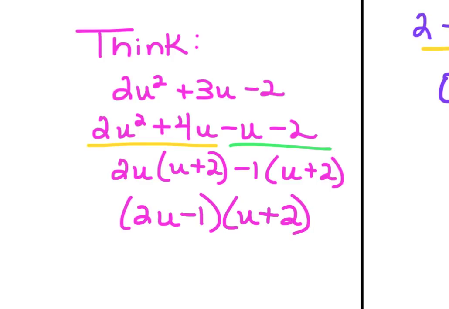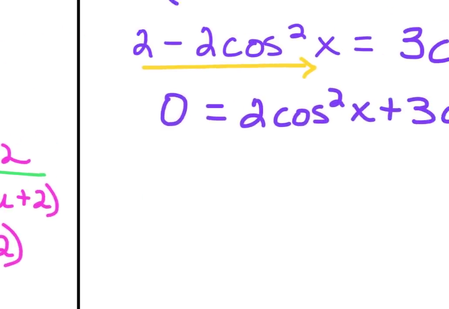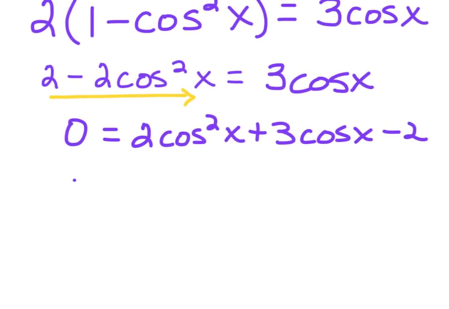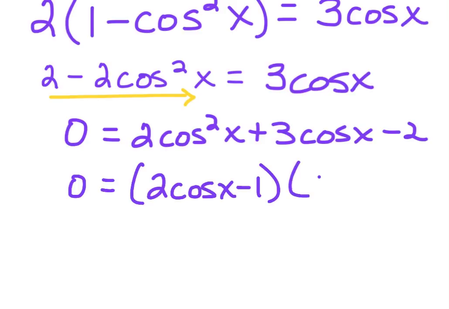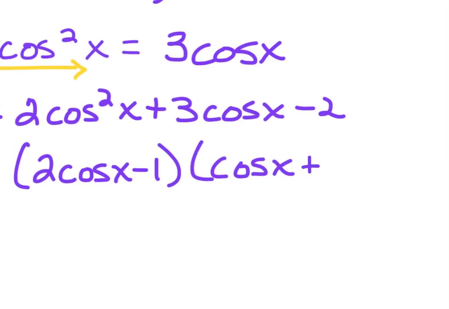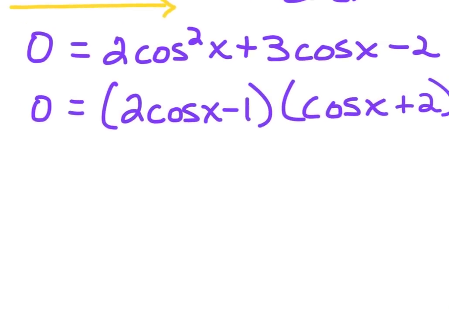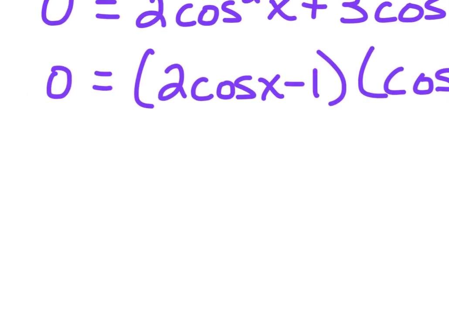So I'm going to rewrite that with the cosines back over here. So 0 equals 2 cosine of x minus 1 times cosine of x plus 2. Set each of those factors equal to 0.